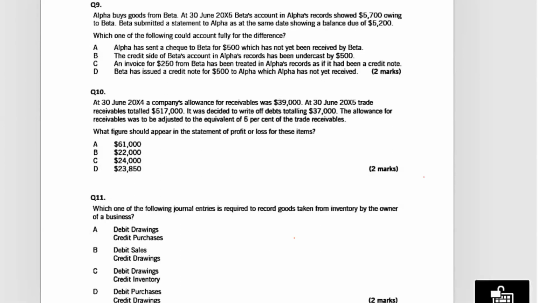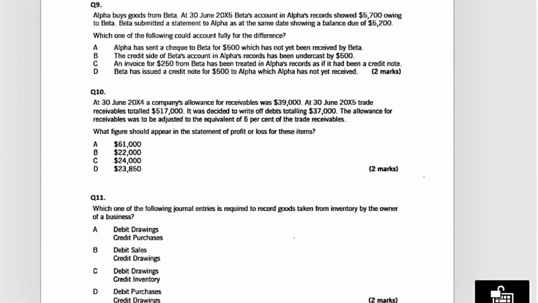Okay, what about others? Similarly to what the previous speakers said, because Alpha sent a check which Beta has not yet received, he wouldn't even have recorded it in the books because he hasn't received it yet.